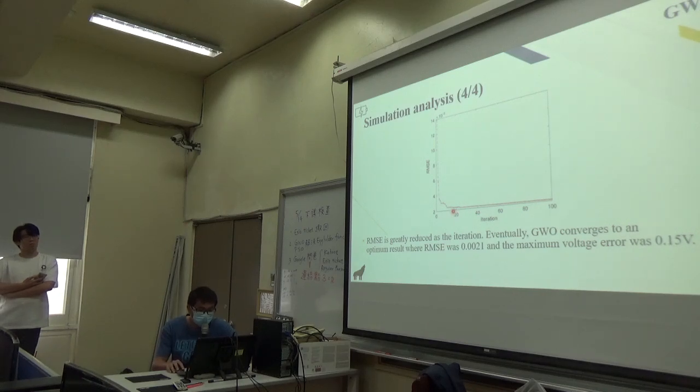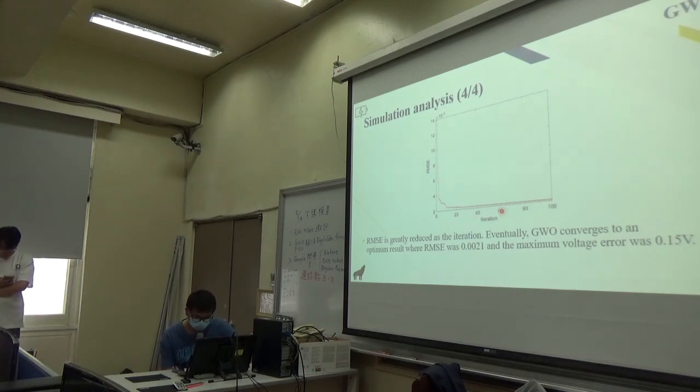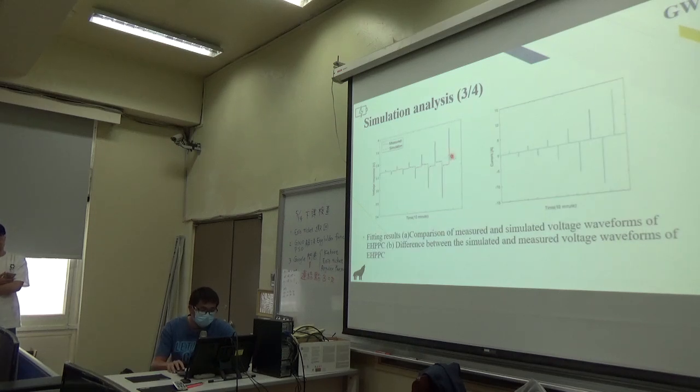This shows the RMSE is reduced to 0.0021, and the voltage error is 0.15 volt.